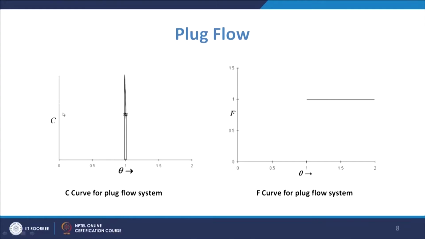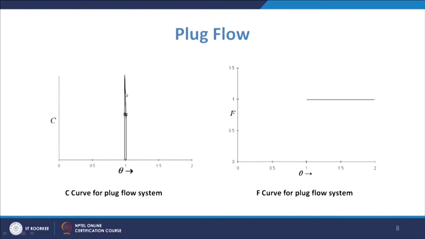In the case of the ideal plug flow system, for the C curve, all the fluid elements of the tracer which you have added will spend a time equal to theta equal to 1. Theta equal to 1 means the theoretical mean residence time. At the theoretical mean residence time, all the tracer has come out.